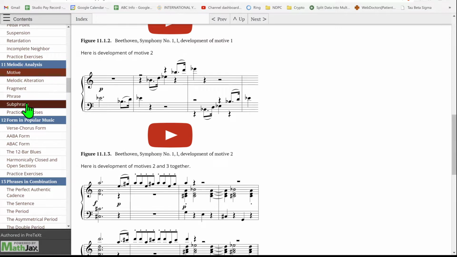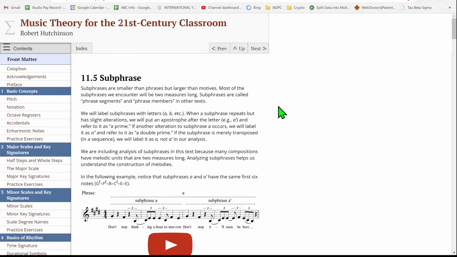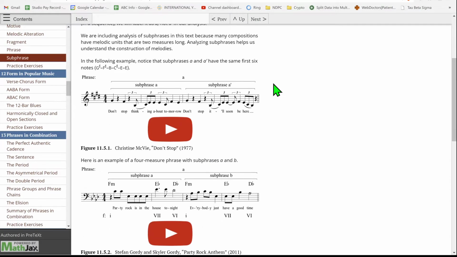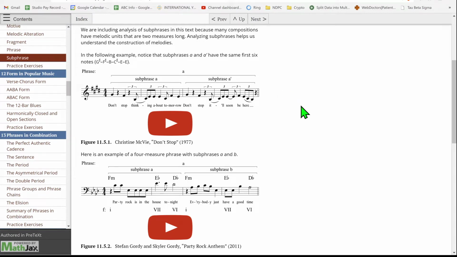So if we go to the idea of a subphrase, let's take a look here. They're larger than motifs, and they're generally combinations of motivic elements, right? So if we take a look, "Don't stop thinking about tomorrow, don't stop, it'll soon be here." The famous song.